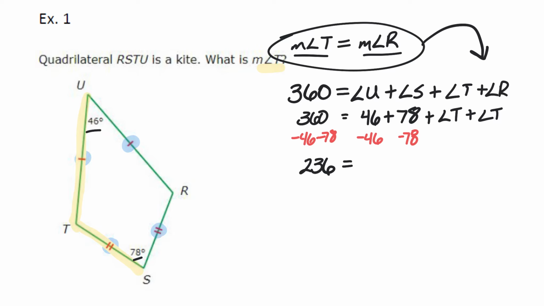We have 236 degrees, and then we have angle T twice. So we're going to go ahead and drop the angle measurement and just put 2T. But we have 2T angle measurements that are combining to equal 236 degrees, remembering that this angle is equal to this one. So what we do lastly, a little bit of algebra here, we're going to divide both sides by 2.